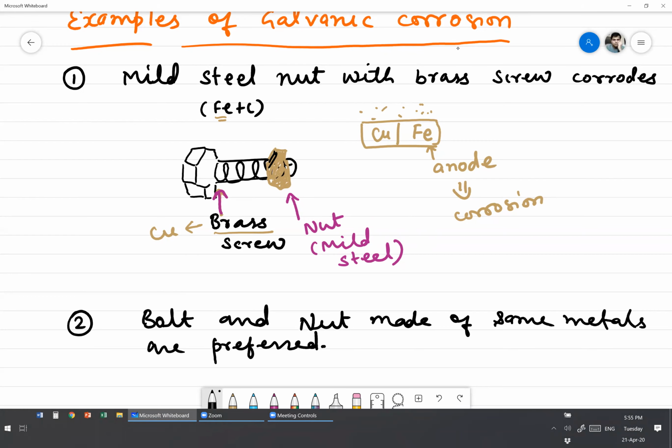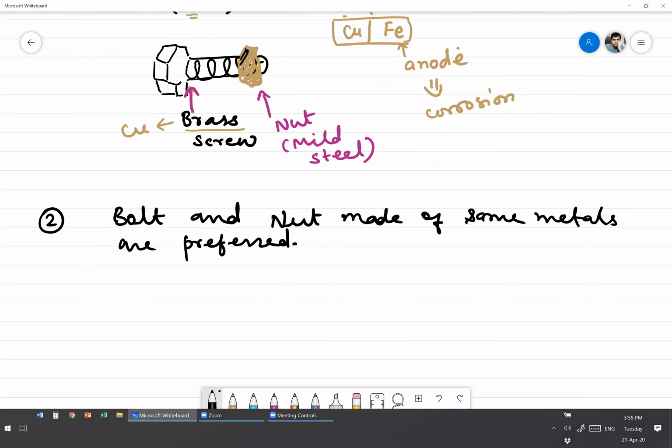Why? This is because if they are made of the same metal, we can avoid galvanic corrosion.